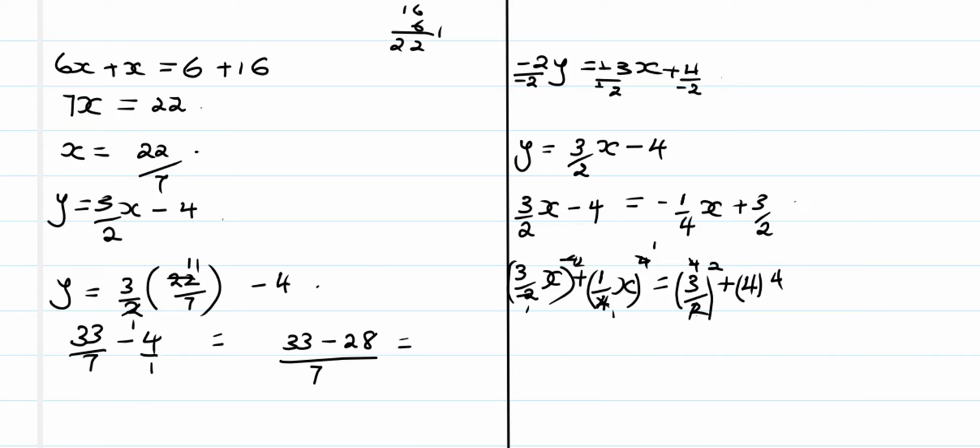Then it becomes 33 minus 28, which is 5 over 7. So the answer for this question is x is equal to 22 over 7, then the value for y is 5 over 7.